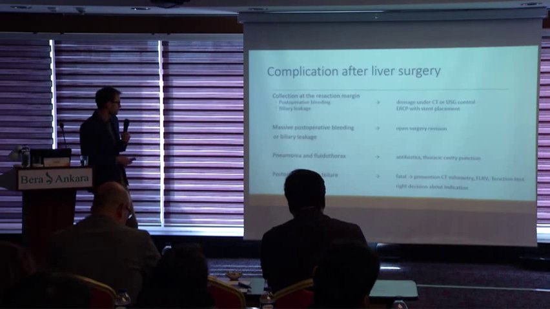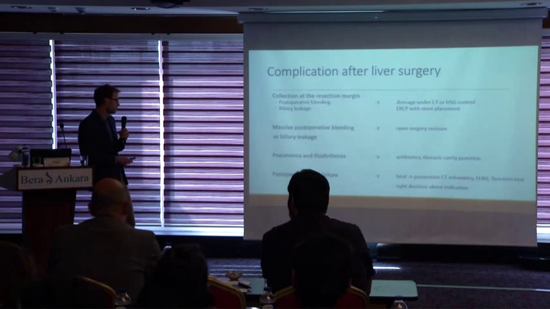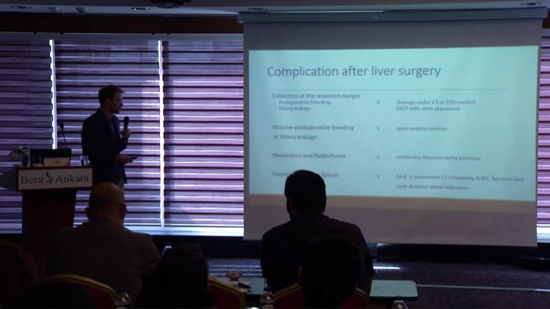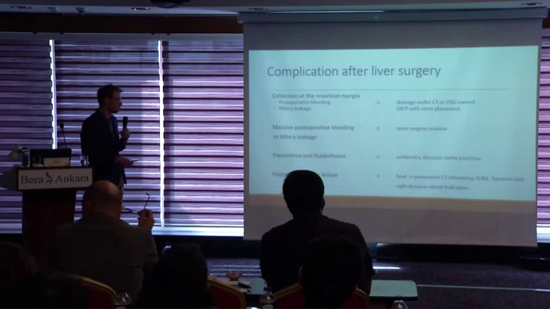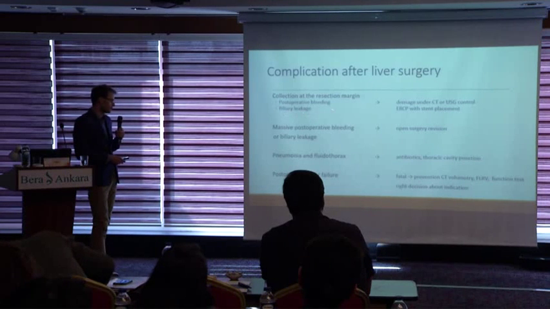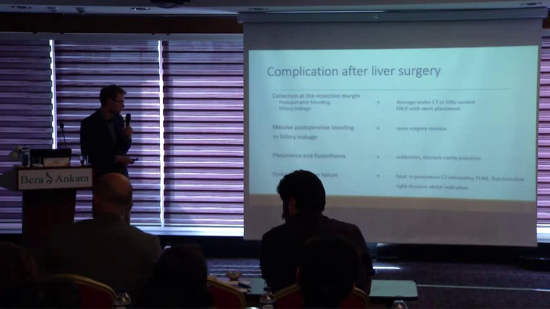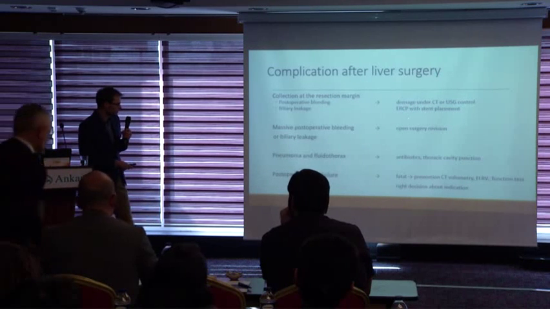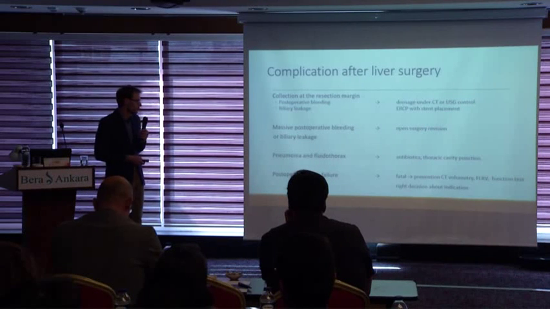The most common is a collection at the resection margin. It's usually caused by postoperative bleeding or biliary leakage. In case of a collection, we usually indicate drainage under CT or ultrasound control. In case of biliary leakage, when we can identify it in the drainage after the operation, we can indicate ERCP with stent placement.